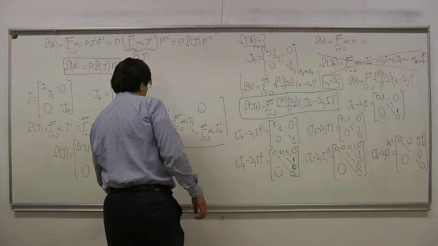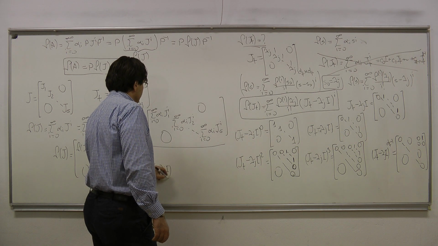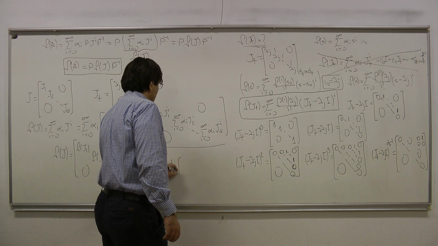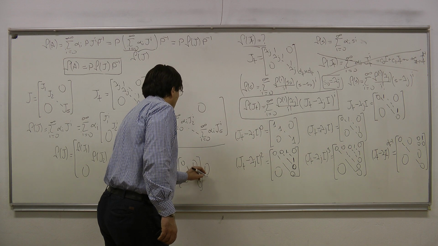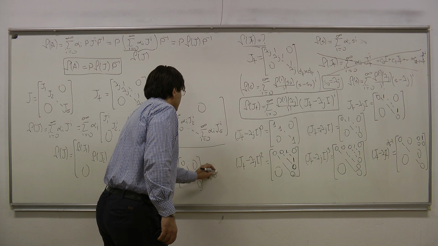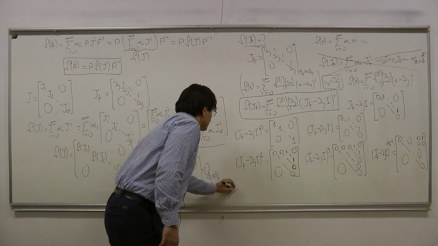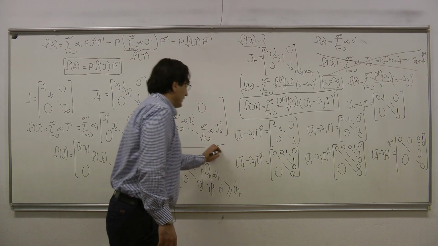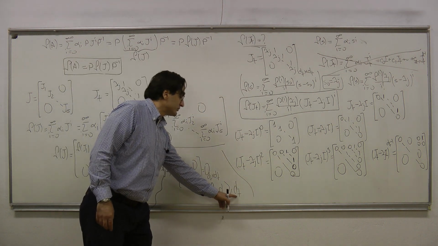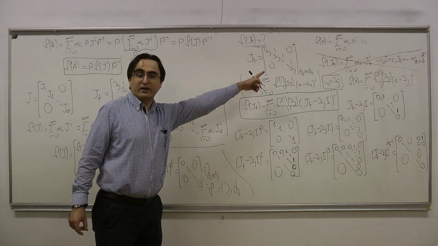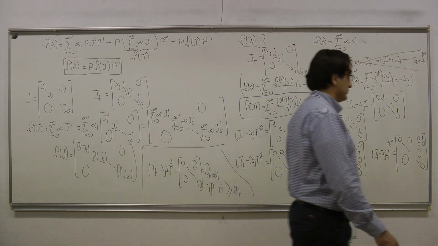So (J_t minus lambda J identity) to the power d is going to be a completely 0 d_t by d_t matrix if d is larger than or equal to d_t. So if I take any power of this matrix larger than or equal to the size of this matrix, d_t, the power is going to be equal to 0.